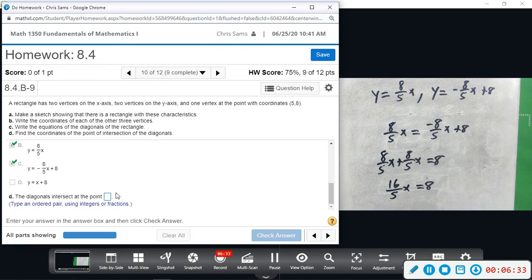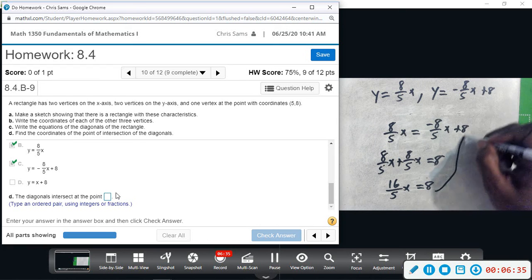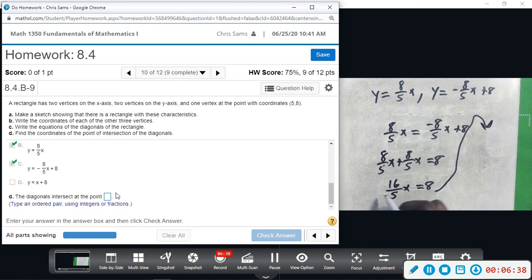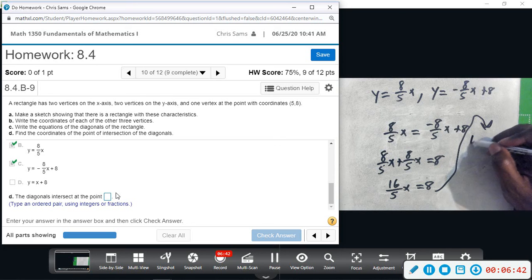Multiply by 5. That will give us 16x equals 40. Divide by 16, and that will give us x equals 40 over 16, which we can reduce. Both of these are divisible by 8.